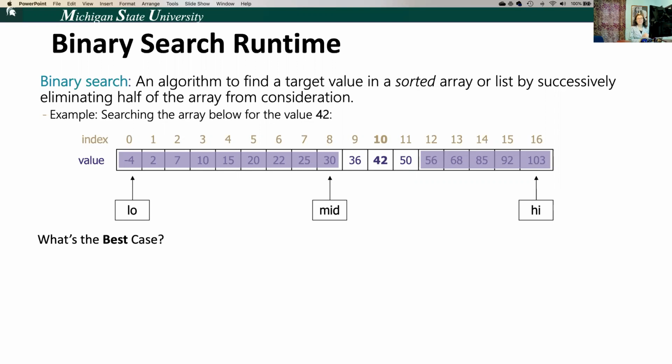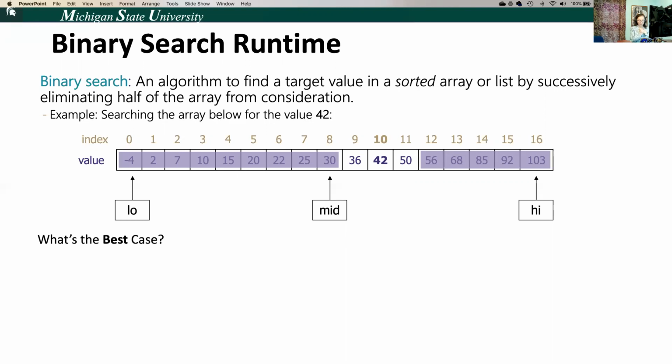What is the best thing that can ever happen to you? This is a question for everyone. The first one is yes, the target value is the mid. The first time you run, the target value that you find is in the middle. Done. That's the best case that can happen to you.